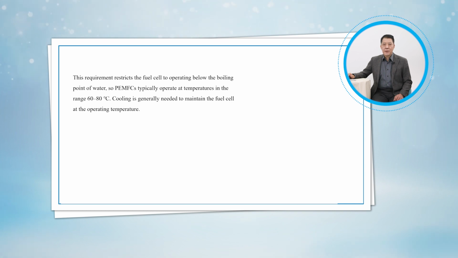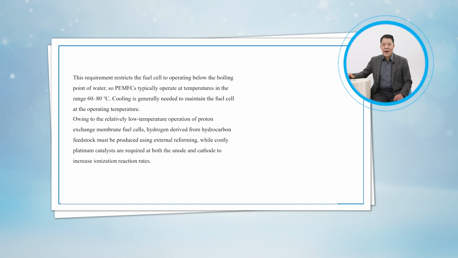This requirement restricts the fuel cell to operating below the boiling point of water, so PEMFCs typically operate at temperatures in the range 60 to 80 degrees centigrade. Cooling is generally needed to maintain the fuel cell at the operating temperature.